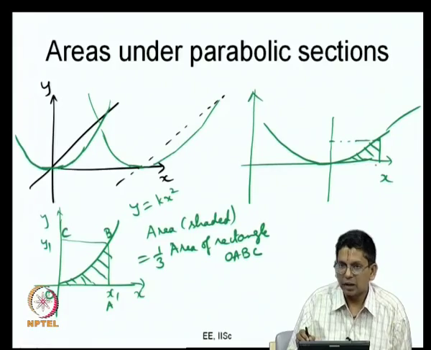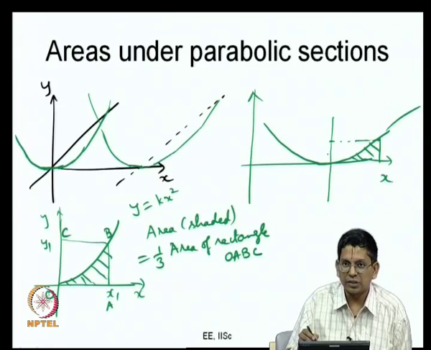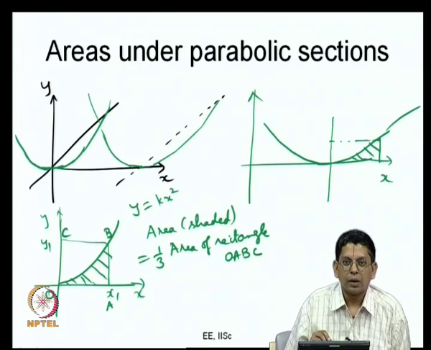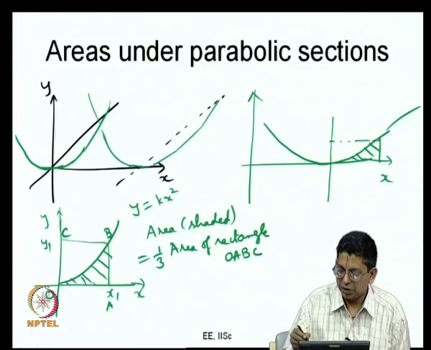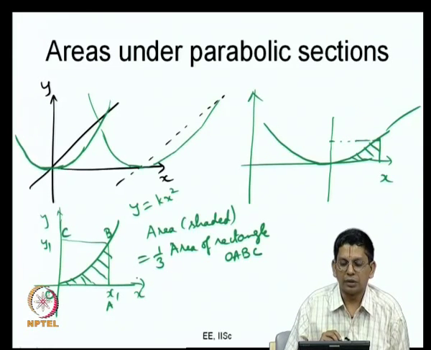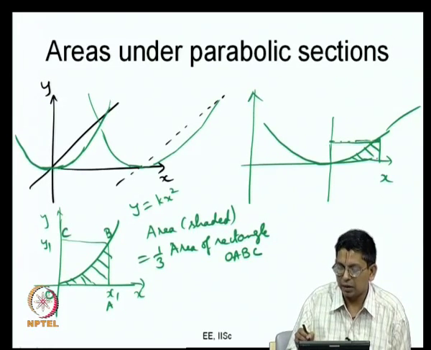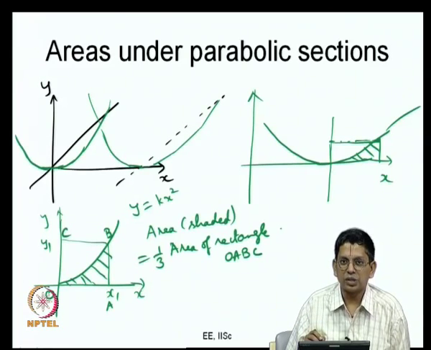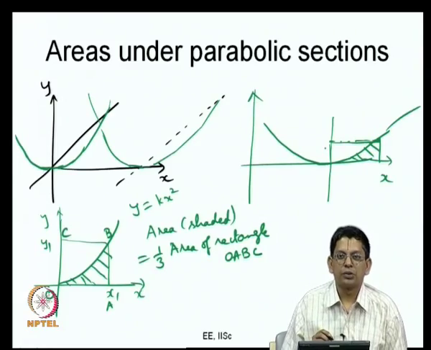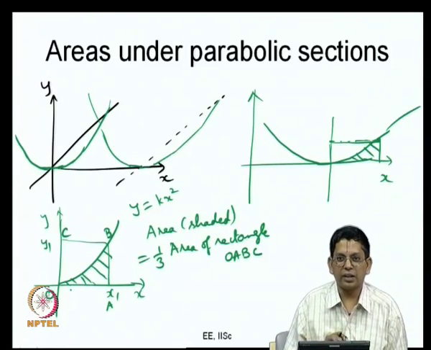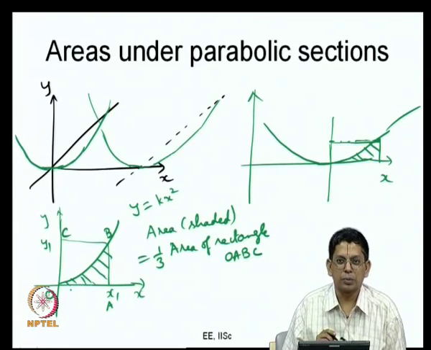One of the sides of the rectangle is the horizontal axis, the other side is the axis of the parabola, and the other vertex is given by the point you are interested in. The shaded area is once again 1/3 of the area of this rectangle. So, it is very obvious, you are just shifting that. There is nothing else, and you can prove this mathematically also.